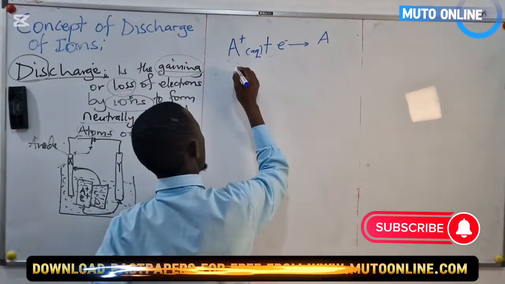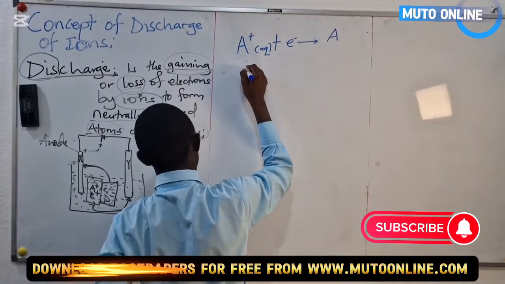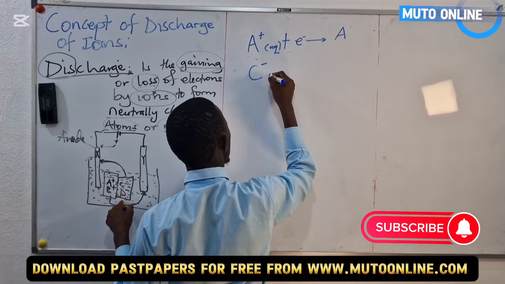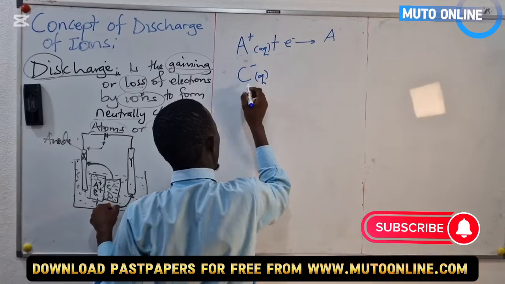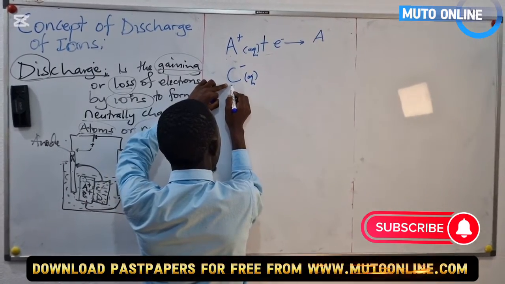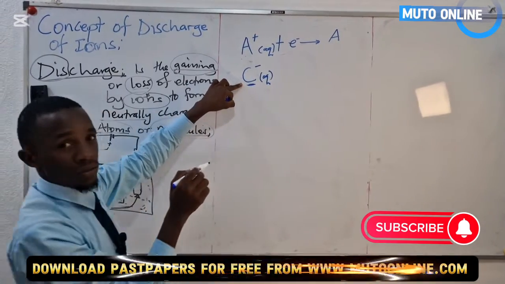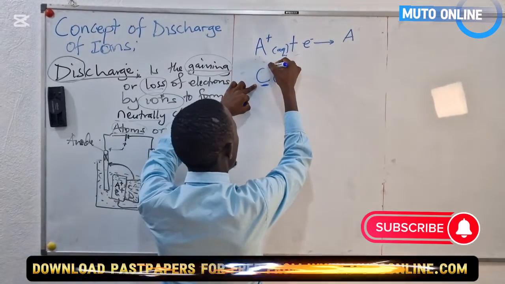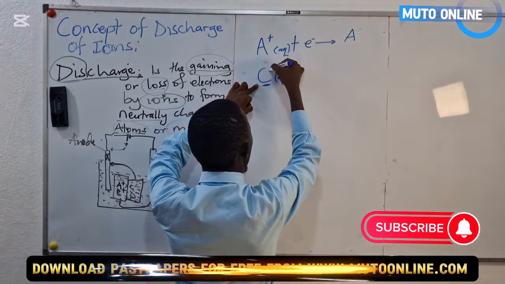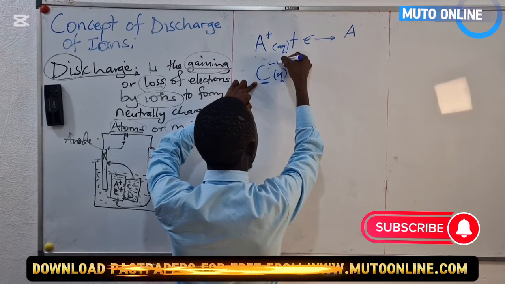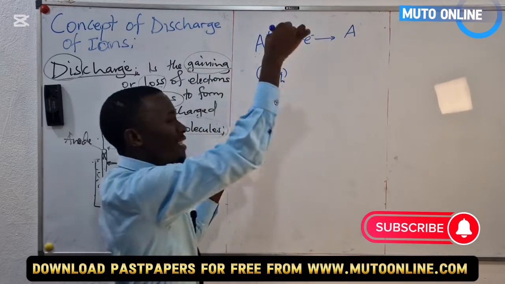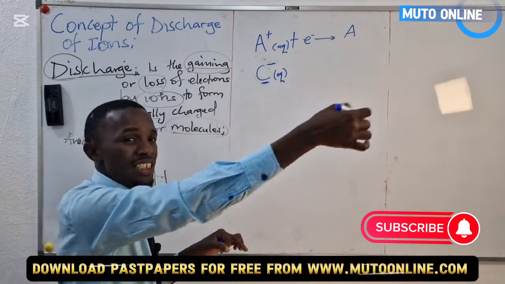And then the ones that are negatively charged, let's take an example, C negative. It means that to form this one gained an electron. So for it to become the respective atom or molecule, it has to lose the gained electrons. That's why there is a negative on it, there is a debt of an electron it gained.